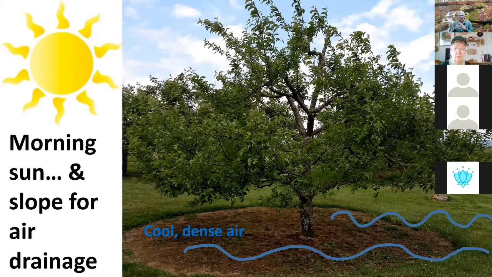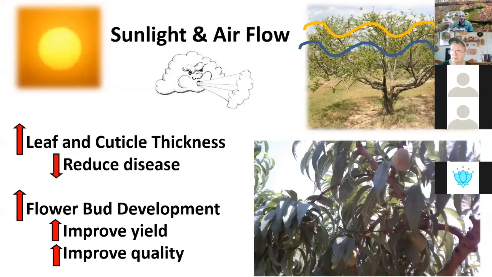Now, a lot of the concepts that go into disease, specifically with home fruits or commercial fruits for that matter, and ornamentals, is going to be a concept of sunlight and airflow. One, sunlight's going to help basically thicken the leaf cuticle, okay?